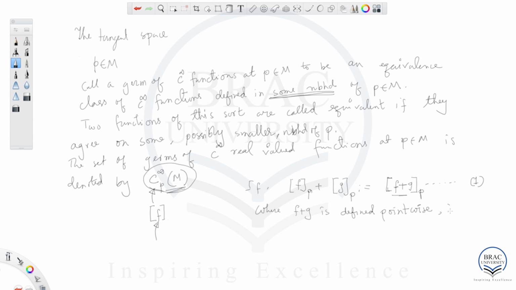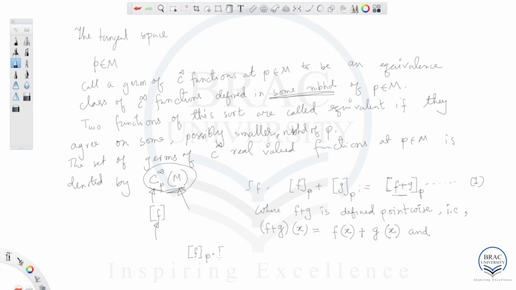That is, f plus g at x is equal to f of x plus g of x.